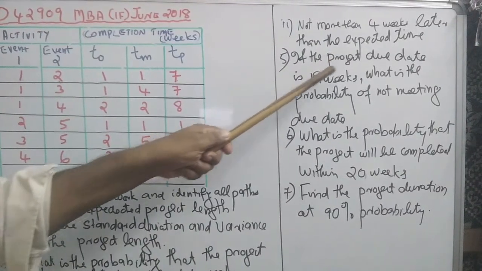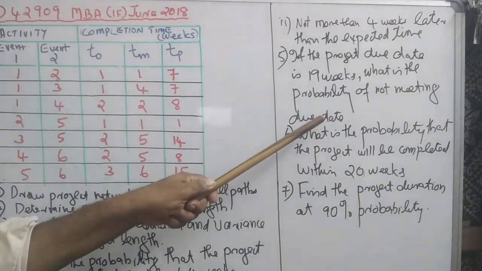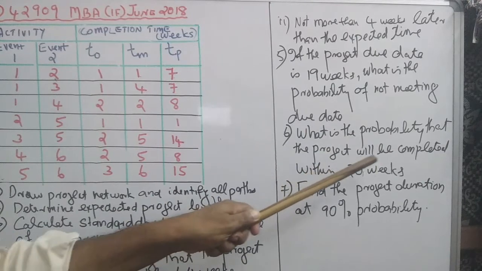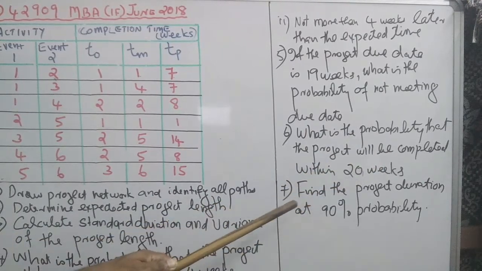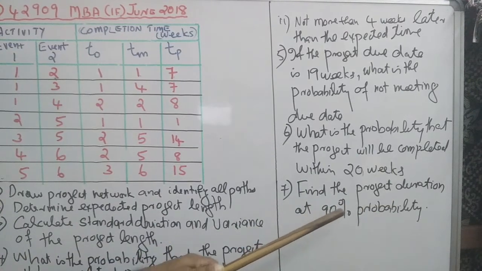And if the project due date is 19 weeks, what is the probability of not meeting the due date? What is the probability that the project will be completed within 20 weeks? And finally, find the project duration at 90% probability.